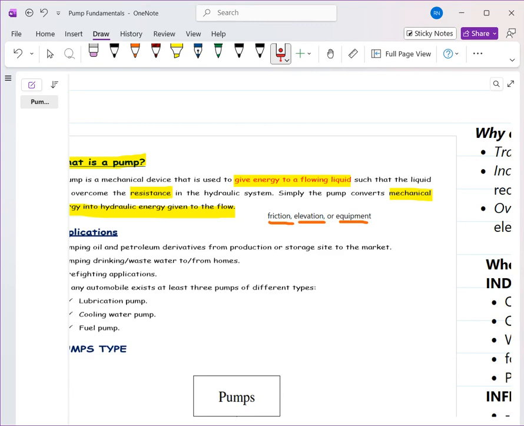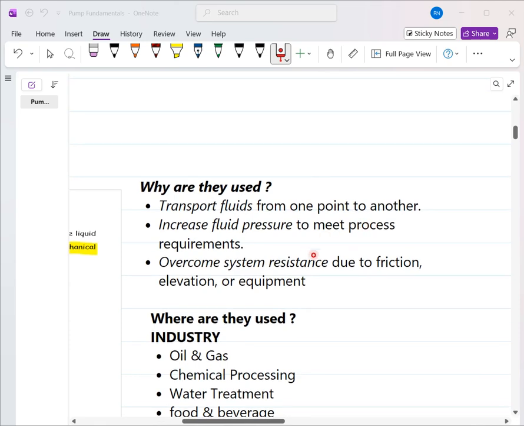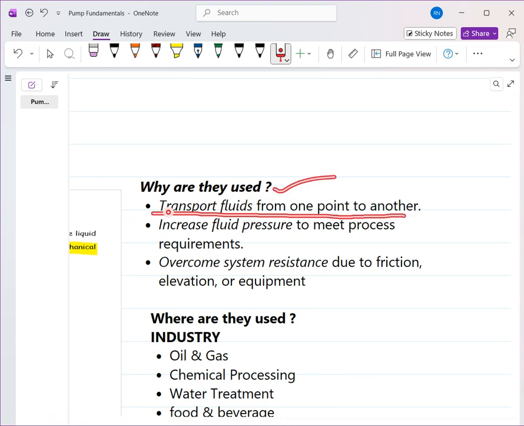So I have written here: transport of fluids from one point to another point. Where are they used? To transport fluids from one point to another and to increase fluid pressure to meet the process requirement.